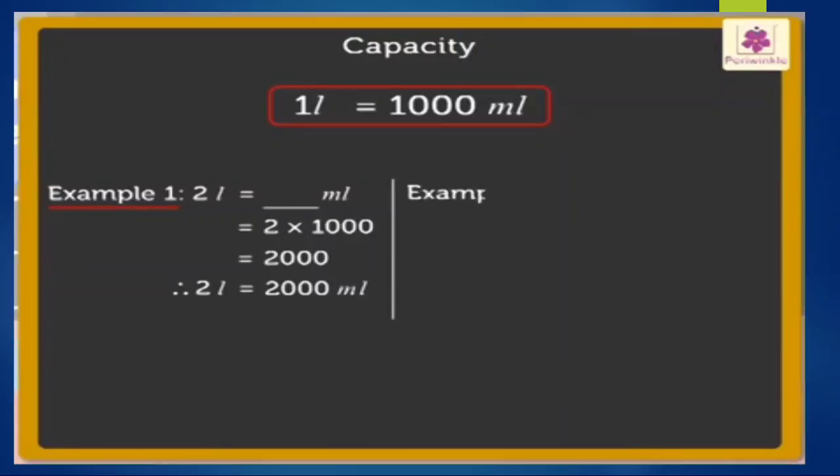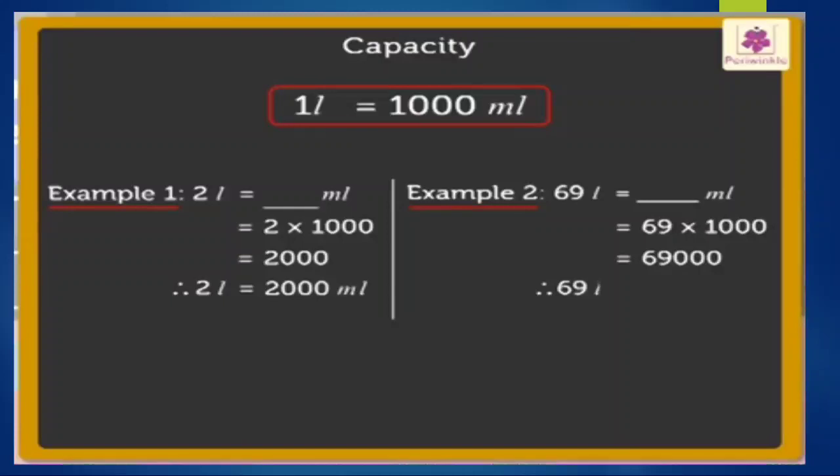Let's try one more example. Let's convert 69 liters into milliliters. Here, 69 into 1000 is equal to 69,000 milliliters. Thus, we get 69 liters is equal to 69,000 milliliters.